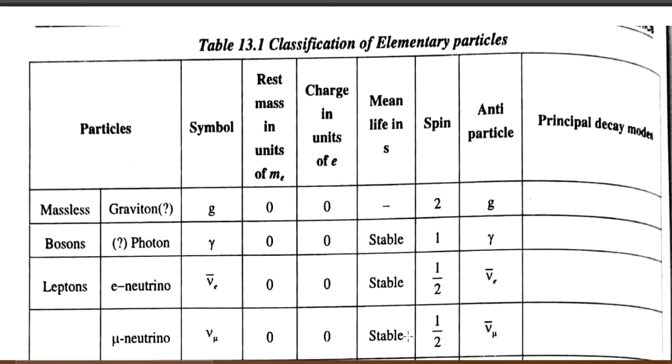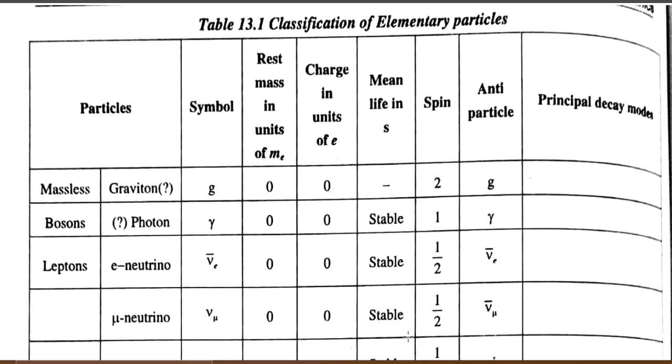And this is the table showing some important rest mass, mean life, spin, and antiparticle for certain elementary particles. You can learn this table in detail. I will explain one: massless particle graviton, symbol is G, rest mass 0, charge 0, mean life 0, spin 2, antiparticle G minus.